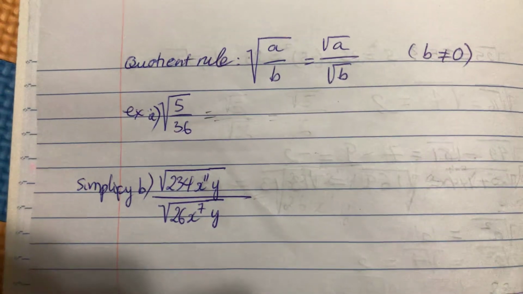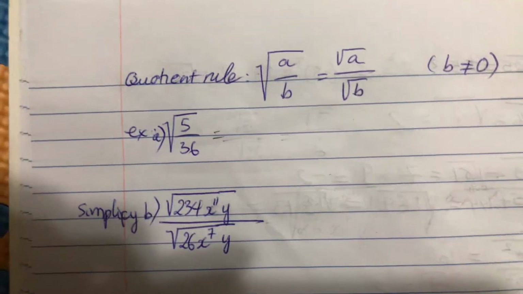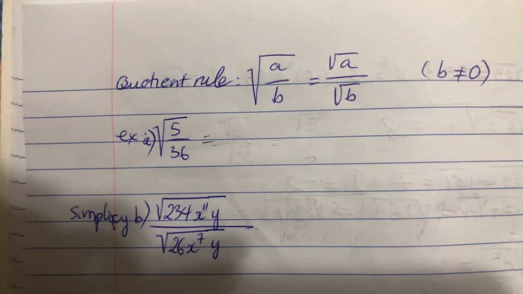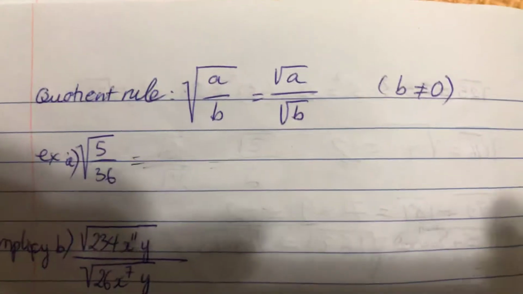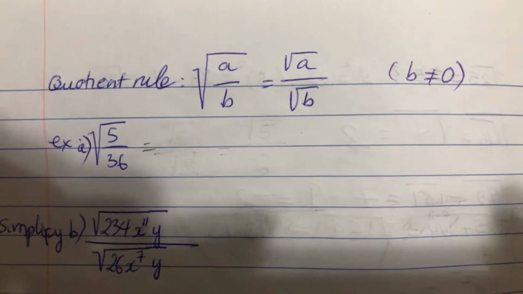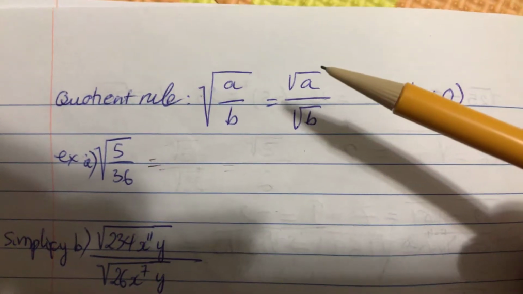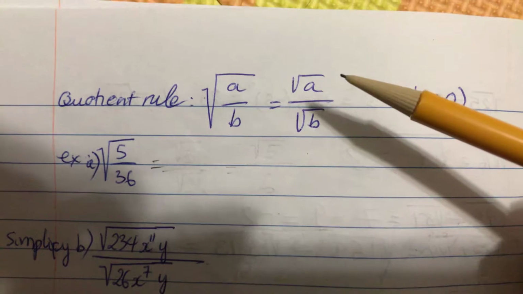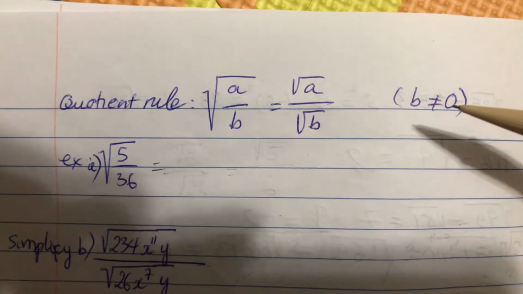So now I'm going to talk about the quotient rule of radicals. The quotient rule is actually similar to the product rule. You just split the top and bottom, with both having the square root. But remember, the denominator cannot equal 0.